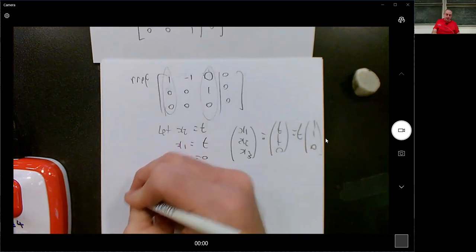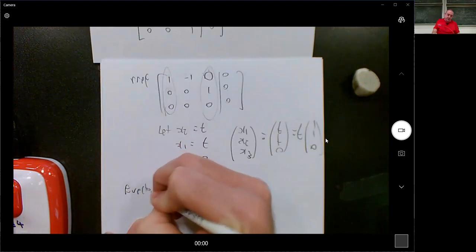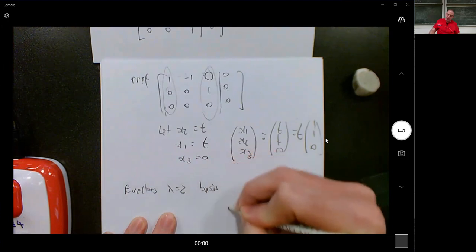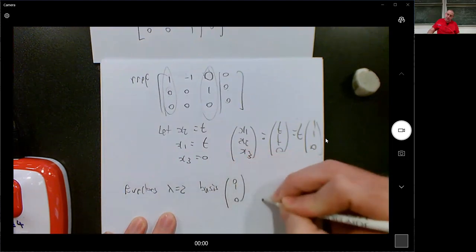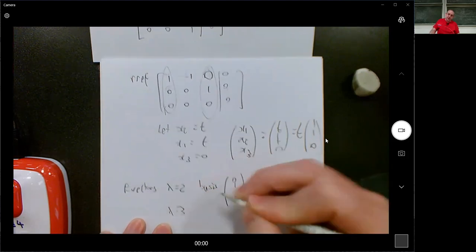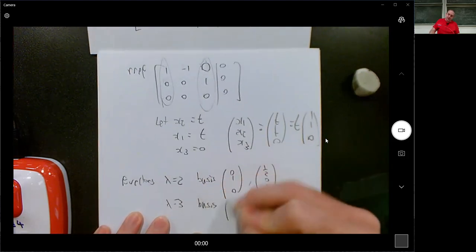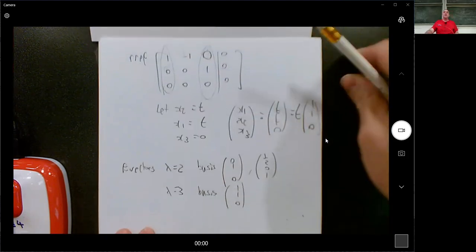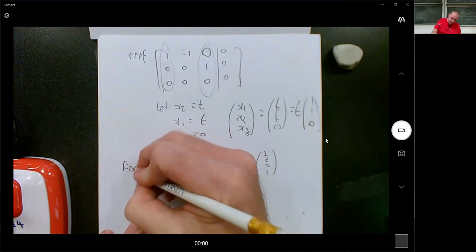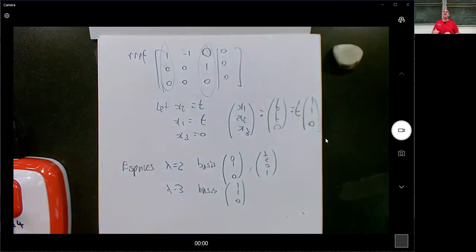What I've got is that for the eigenvalue lambda equals 2, a basis of 0, 1, 0 and a half, 0, 1. And for lambda equals 3, a basis of 1, 1, 0 for the eigenspaces. I'll say eigenspaces this time, because I've mentioned the word basis, which means it belongs to a space.